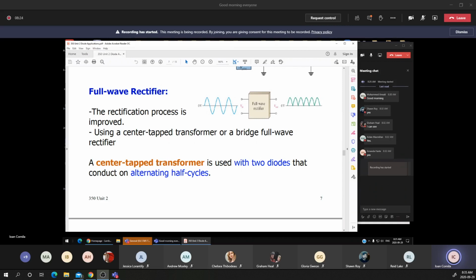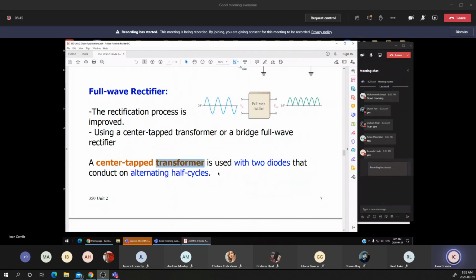Now, we don't know too much about transformers. I just mentioned them in ELE350 when we discussed inductors, coils, or solenoids. That's another application.